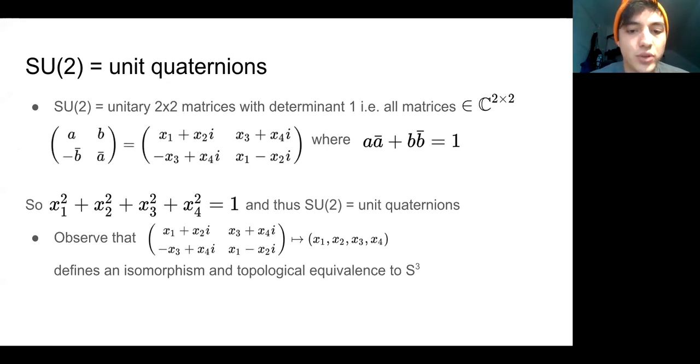In addition, it's easy to notice that because x1 squared plus x2 squared plus x3 squared plus x4 squared is equal to 1, we can define an isomorphism and topological equivalence to S3, because (x1, x2, x3, x4) is the set of 4-dimensional points equidistant, radius 1, from the origin.